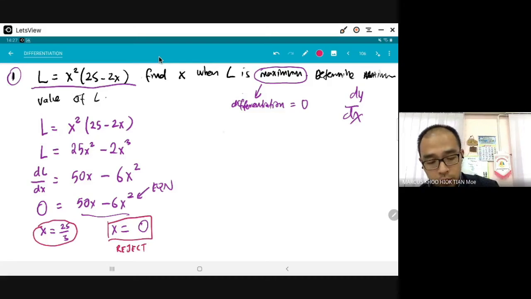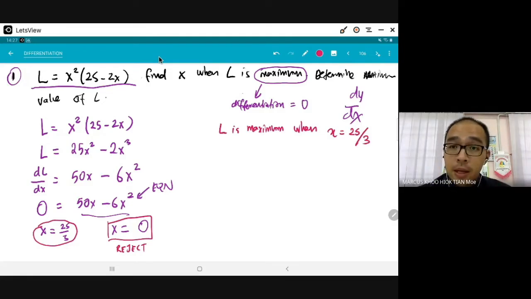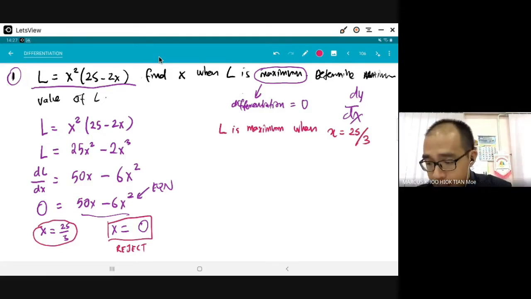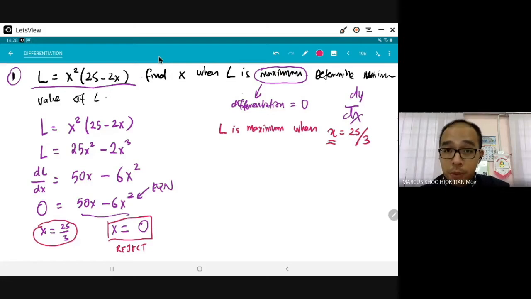Okay, so we say that L is maximum when x is 25/3. But the thing is, you need to prove that this one is a maximum turning point.